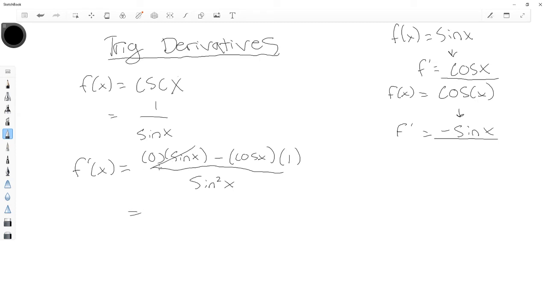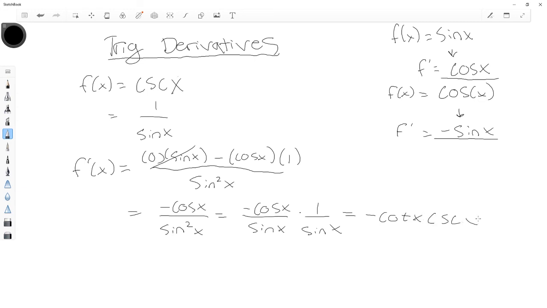That just becomes 0, and that becomes negative cosine x over sine squared x. And then again we can break this up to negative cosine x over sine x times 1 over sine x, because this is squared just like the other one. This becomes cotangent and this becomes cosecant. So negative cotangent times cosecant x.